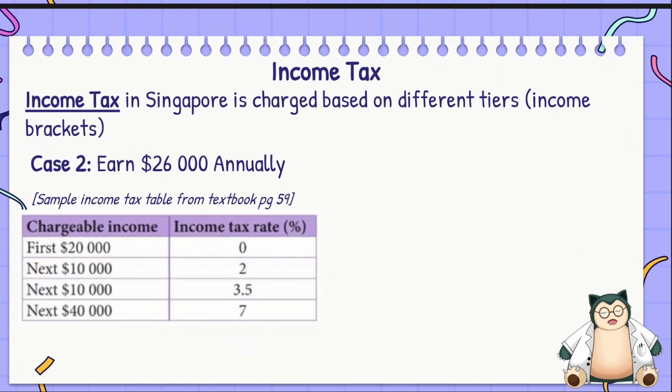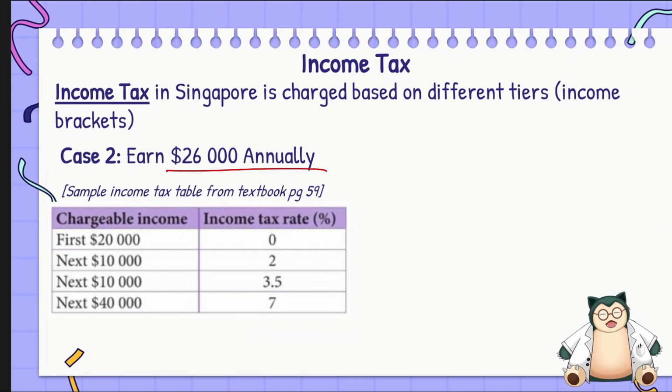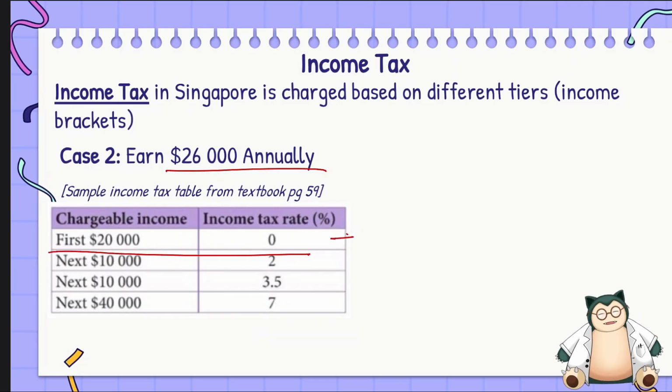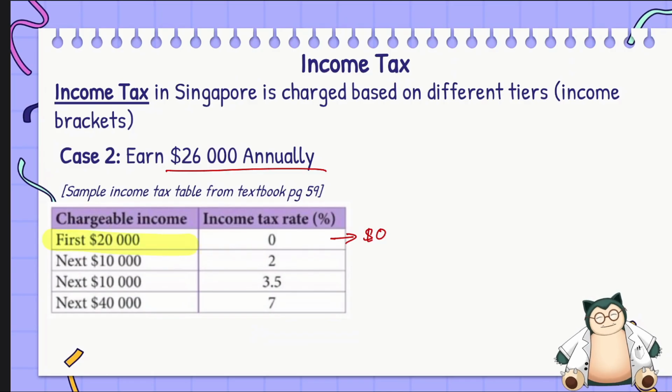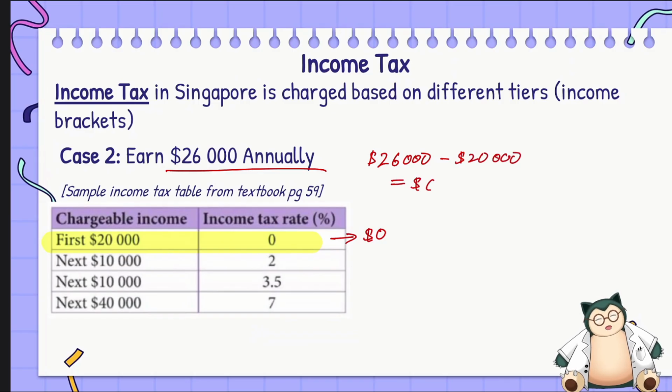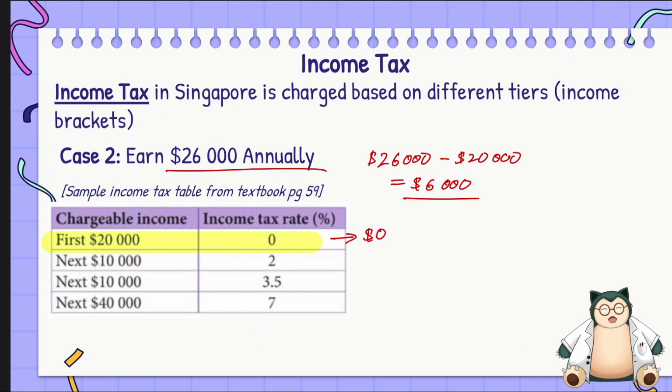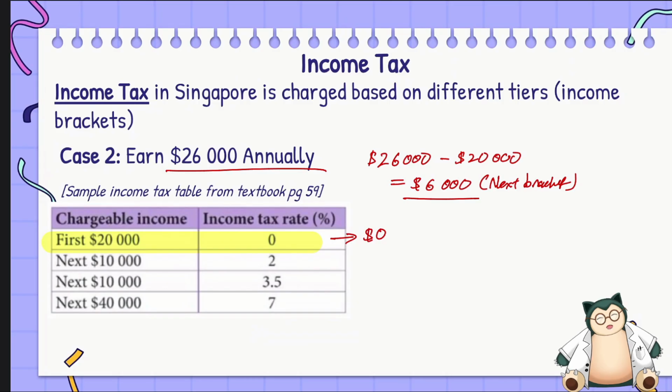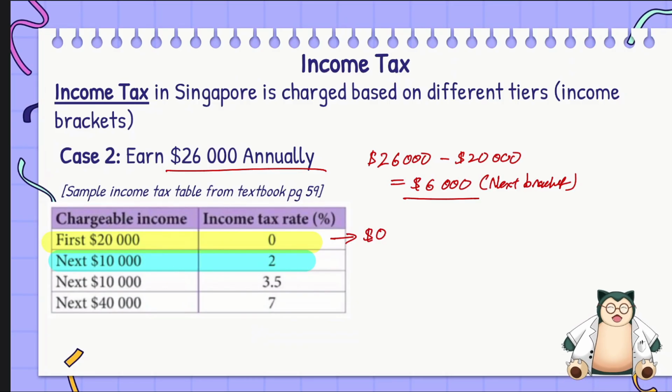Let's look at the next case of $26,000 annually. For the first 20,000, we know that $0 is charged. So in the first bracket, you are quite safe. However, after the first $20,000, you minus away the first bracket from $26,000 and are still left with a remaining $6,000 in the next bracket. The next bracket lies in the blue portion over here, the next $10,000, and it is charged 2%.